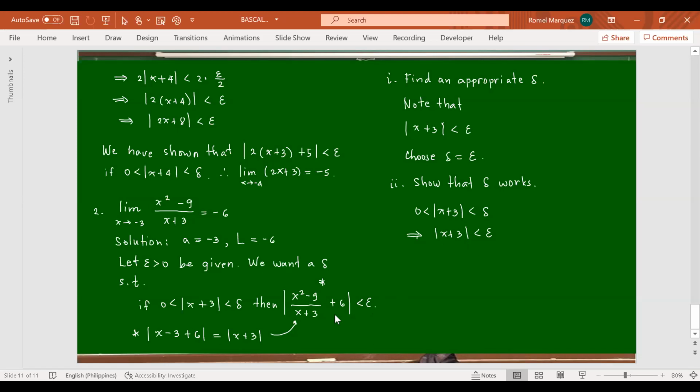Since we have verified that this is true, hence we say that limit of x squared minus 9 all over x plus 3 as x approaches negative 3 is equal to negative 6.